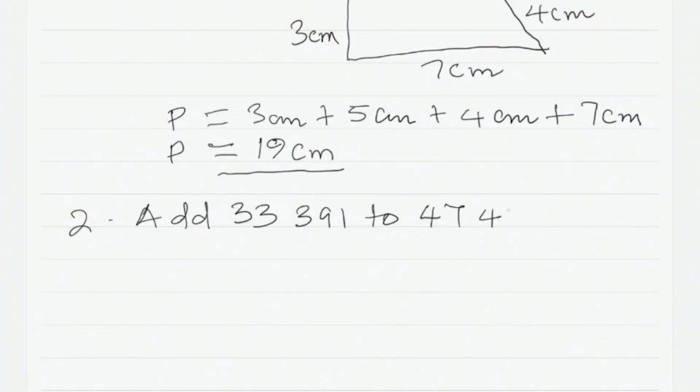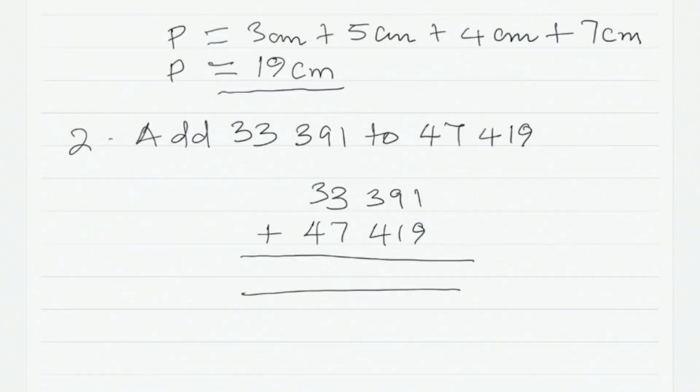The best way of working out this kind of arithmetic addition is to put it in what is known as vertical addition. We are going to get 33,391 plus 47,419. Of course, not forgetting the sign there.